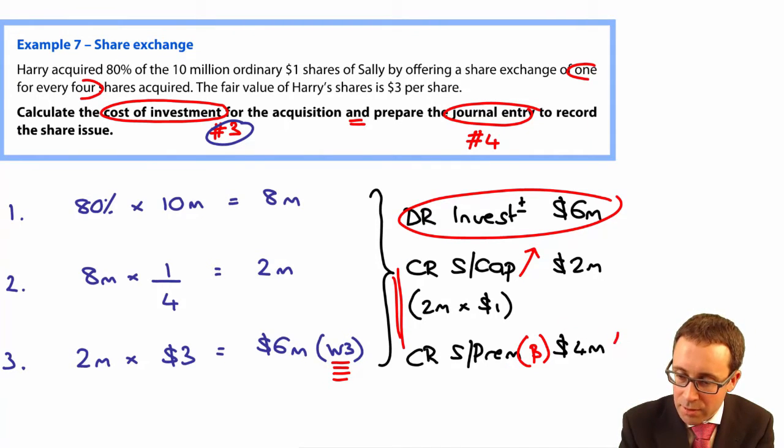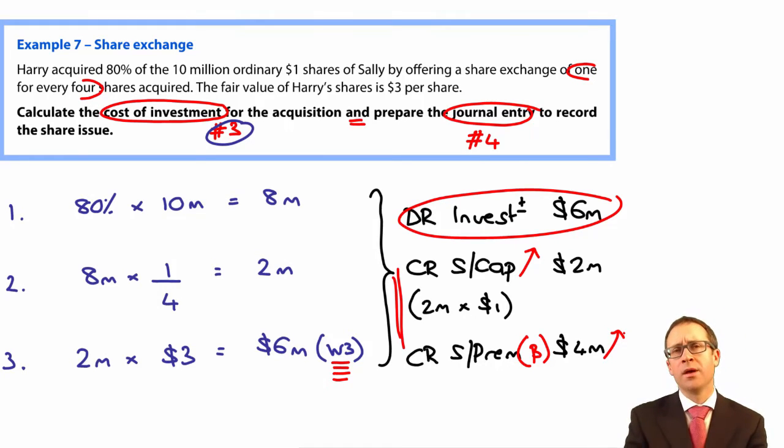So increase share capital, increase share premium, because that's a credit to share capital, a credit to share premium in the parent's books. And don't forget, when we consolidate, we record 100% of P's share capital and share premium. So we would need to adjust the share capital and share premium by those amounts respectively.